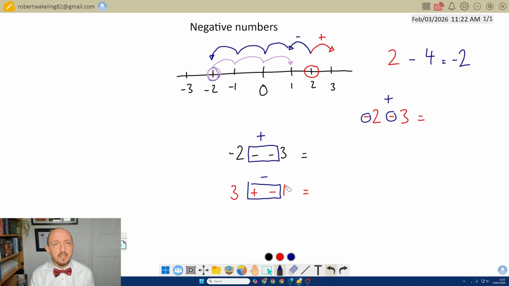Okay, if the signs are the same, they become positive, like minus minus. If they're different, they change into a minus. Okay, so 3 minus 1 would just be 2.